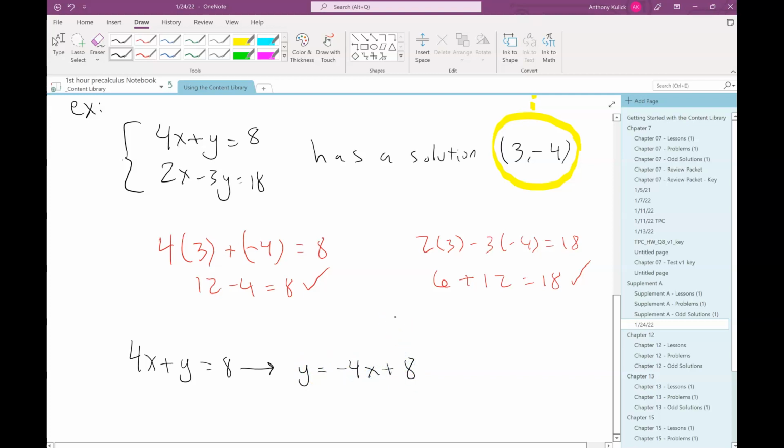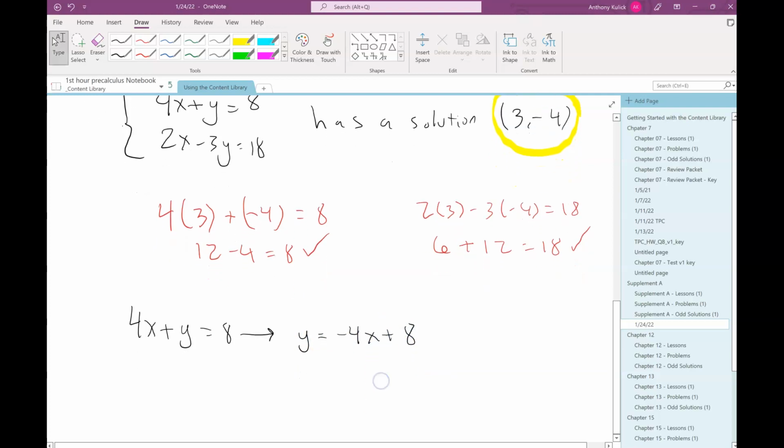So I'm going to start by writing each equation in the system in slope-intercept form. That means getting the y part by itself.